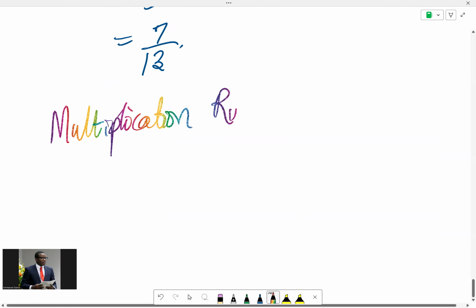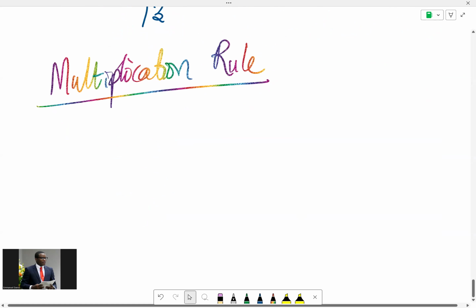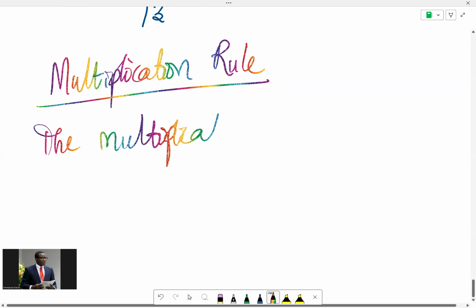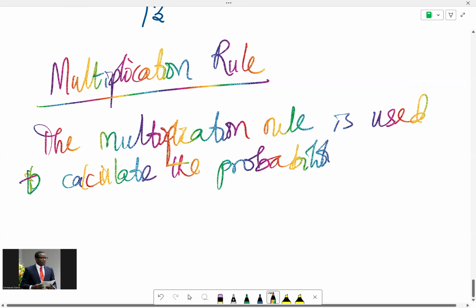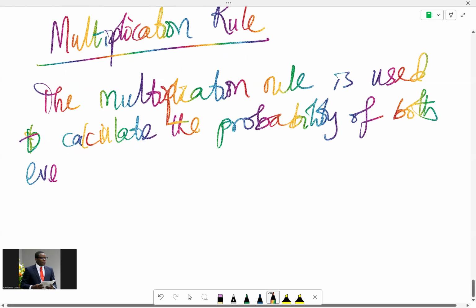So the multiplication rule is used to calculate the probability of both events A and B occurring together.